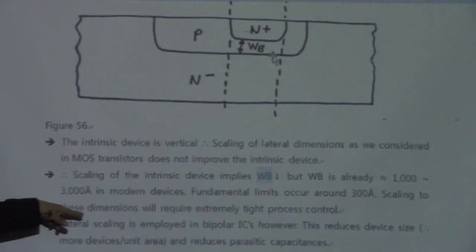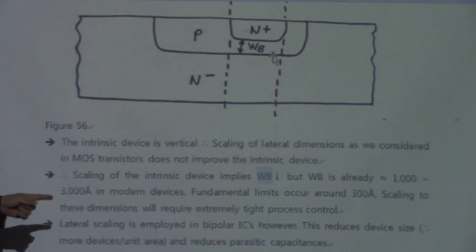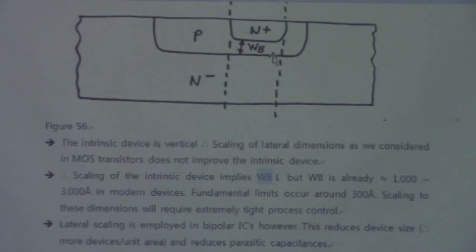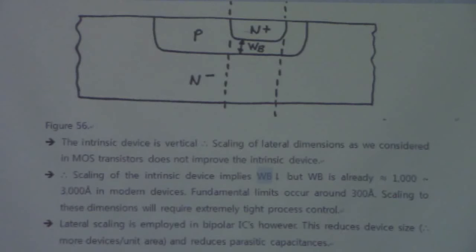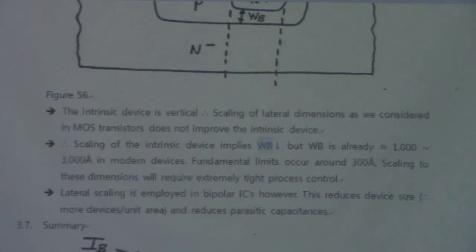So scaling to these dimensions will require extremely tight process control. We have to be satisfied with the 1,000 to 3,000 angstrom in bipolar transistors, maybe, because we have to sacrifice too many things to have this extremely tight process control.